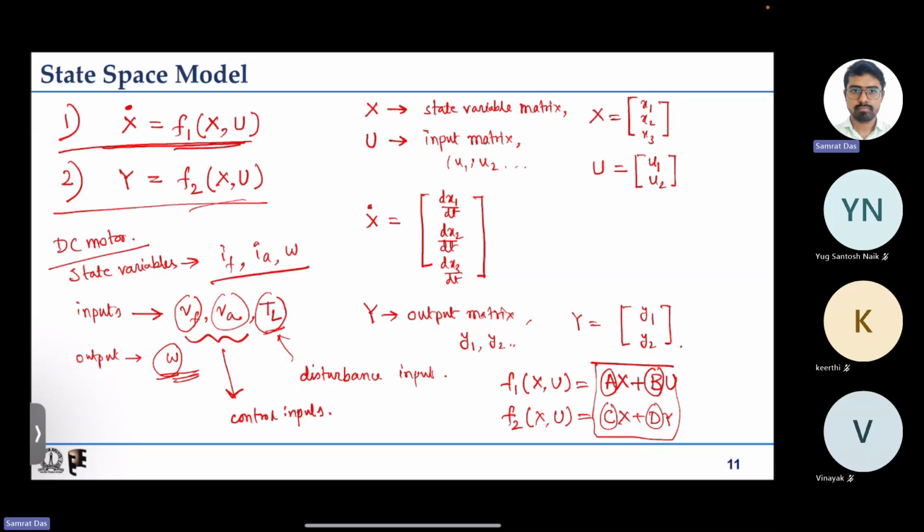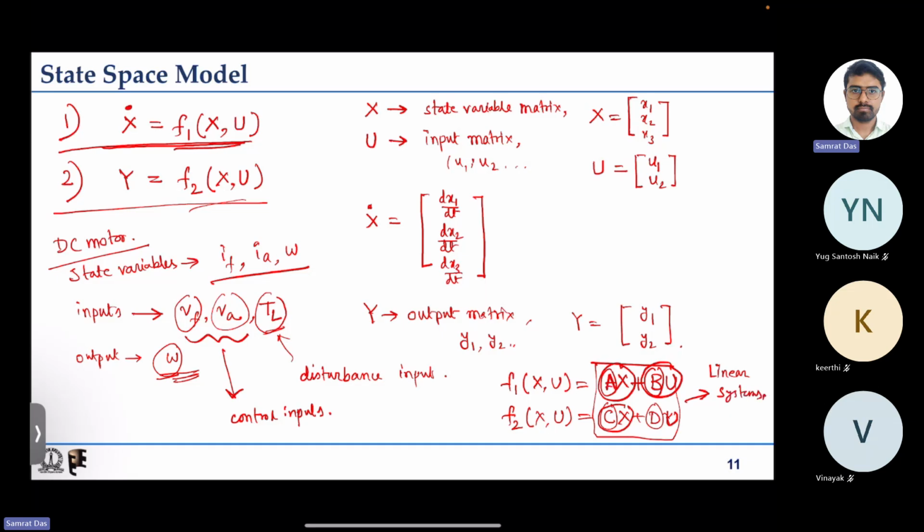So the mathematical models where it is possible to write the f1 and f2 functions separately using an A matrix, B matrix, C matrix and D matrix, where the state contribution and the input contribution can be separated out, and similarly in the output the state contribution and input contribution can be separated out, those systems are linear systems. So this format is possible only for linear systems.